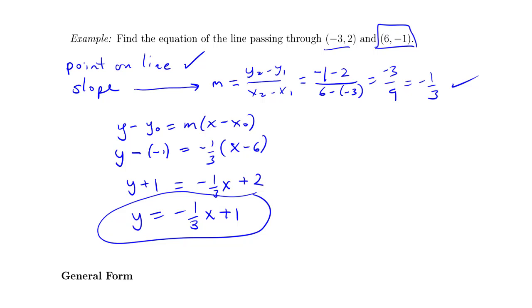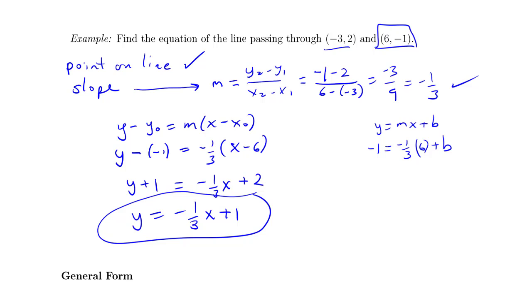Now, if you don't like to use the point-slope form, once I got the slope, what I could have done is said y equals mx plus b, and then used one of the points. I'm using the point (6, negative 1): negative 1 equals the slope, negative 1/3, times x, which is 6, plus b.